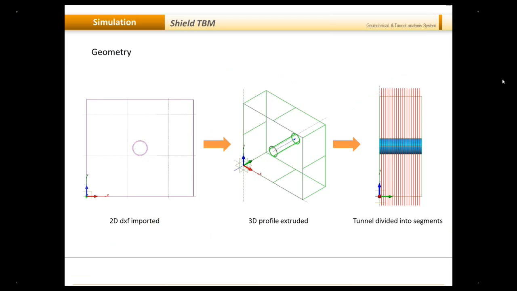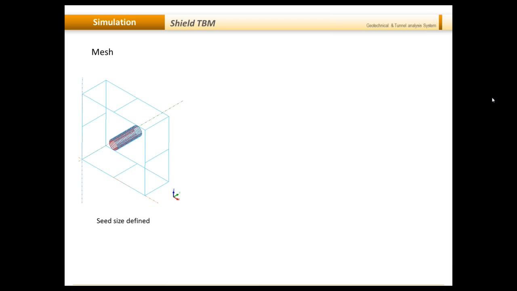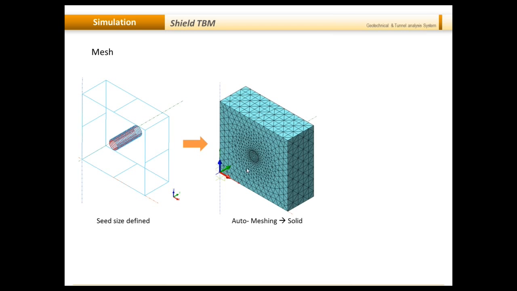Now let's move on to step 3. Step 3 is generate meshes. First we'll define the size of the seeds to control the mesh size. Once we have done that, we'll use a feature called auto meshing for solids to generate the solid mesh.